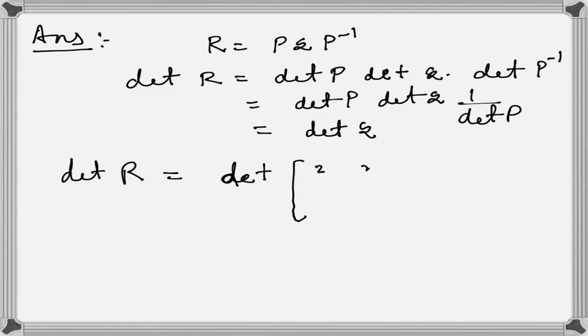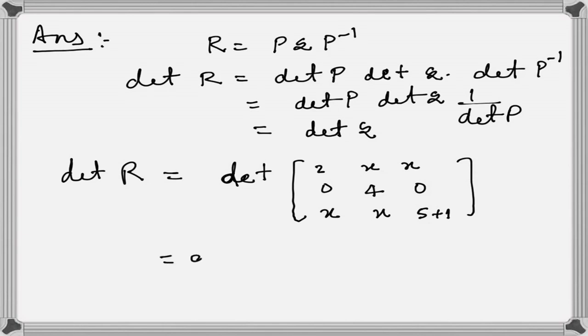Let me write it: 2x, x, 0; 4, 0, x; x and 6. I'll just break 6 as 5 plus 1. Then I can break the determinant into two determinants.